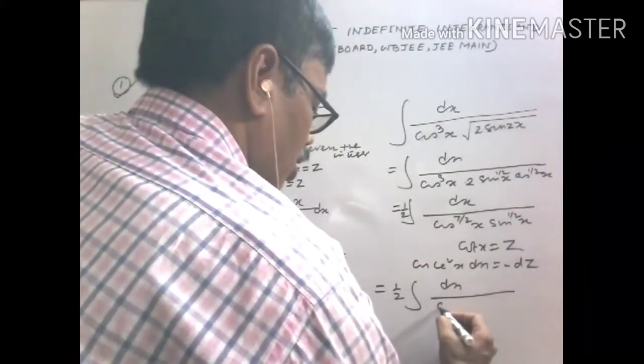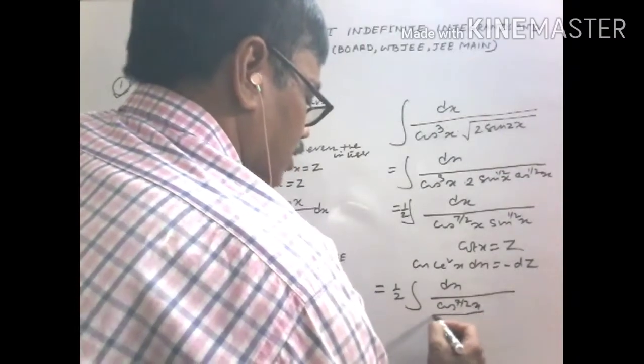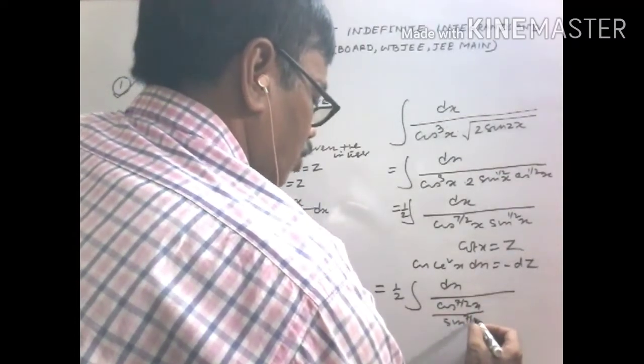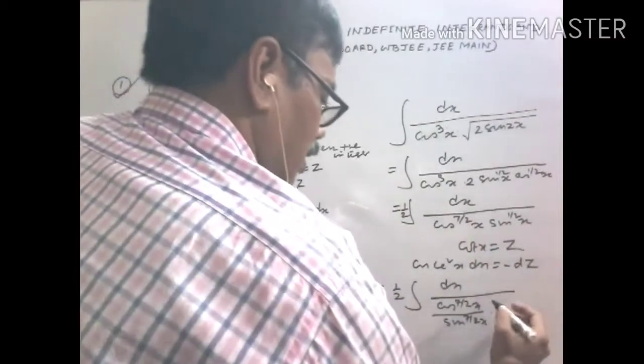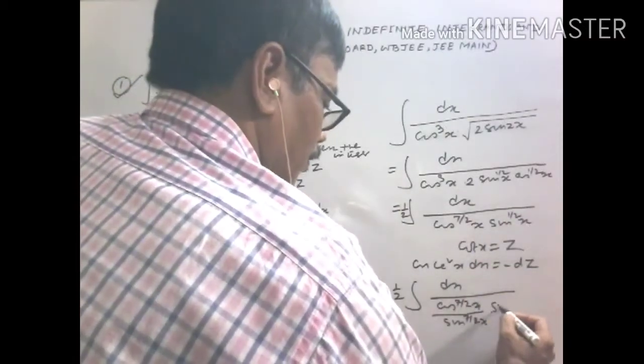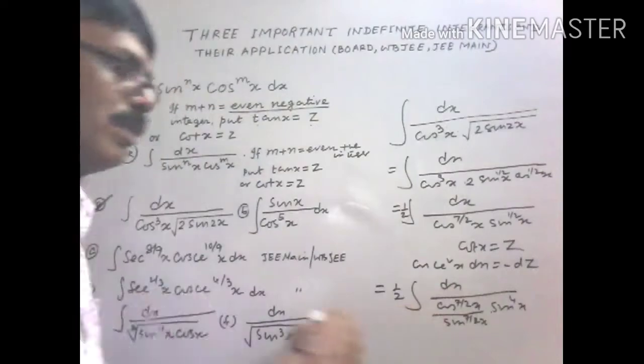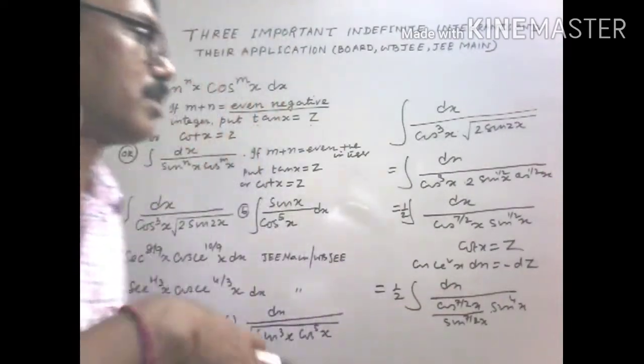So dx by cos to the power 7 by 2 x sin to the power 7 by 2 x, and sin to the power 7 by 2 with sin to the power half gives sin to the power 4 x.